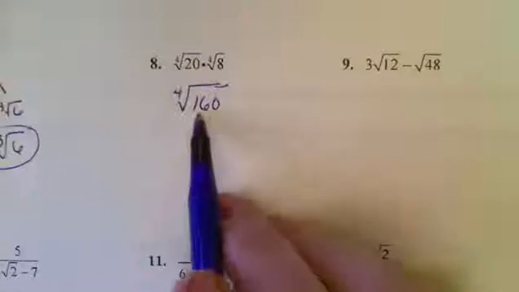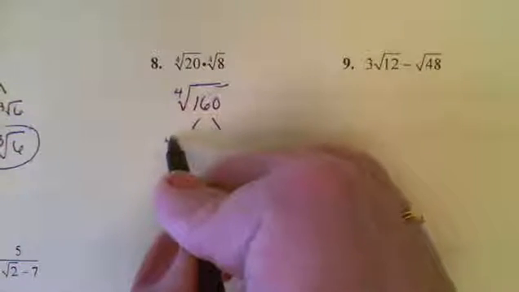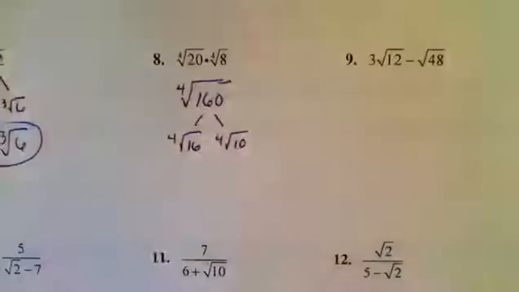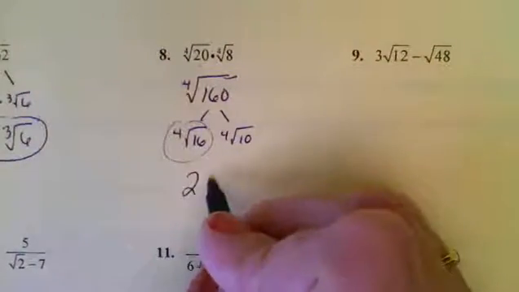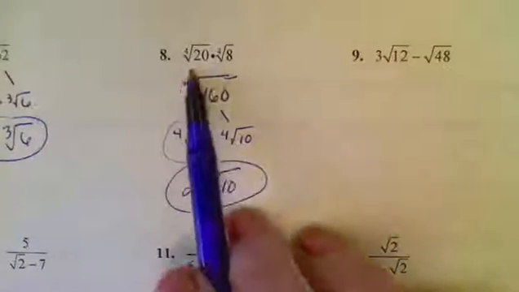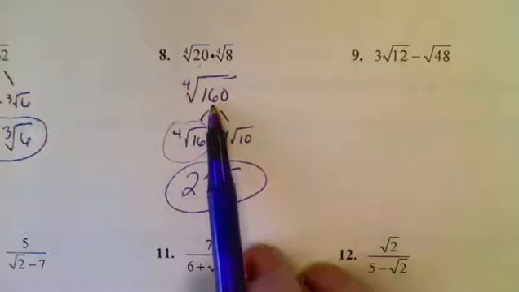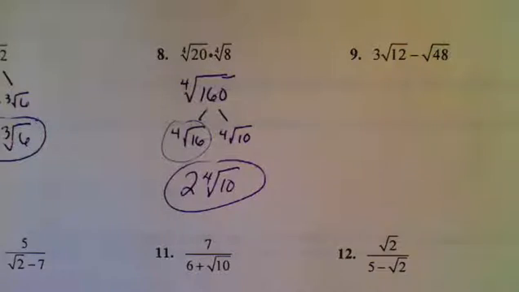So 16 is a perfect fourth, and I can break this up into the fourth root of 16 and the fourth root of 10. The fourth root of 16 I can simplify as 2, so it's 2 fourth root of 10. So as is, I could not simplify either of those individually, but now that I can multiply them, I can break it up into two factors that do work.